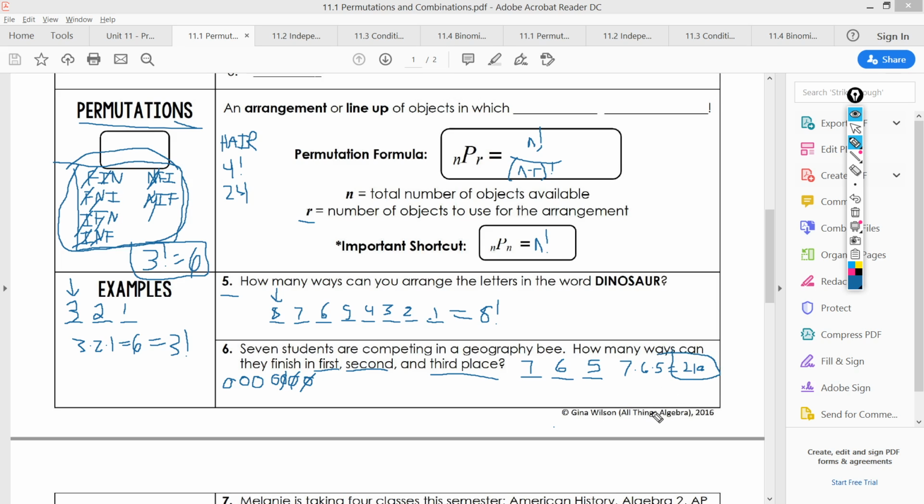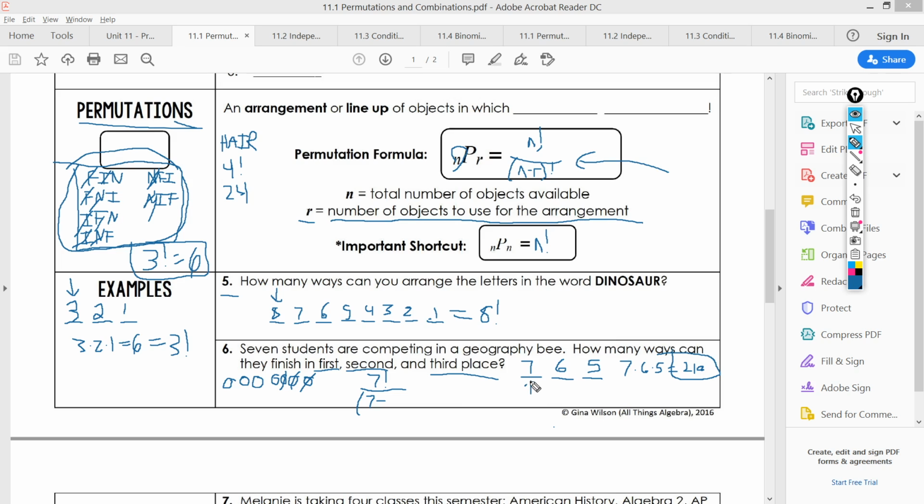This math right here, that's 210, that's actually the same thing as this permutation formula. Let's try it out. N is the number of objects available. So I have 7 objects available, divided by N minus R. Well, I already said N is 7 because there are 7 objects available, minus how many objects are being used for arrangement?